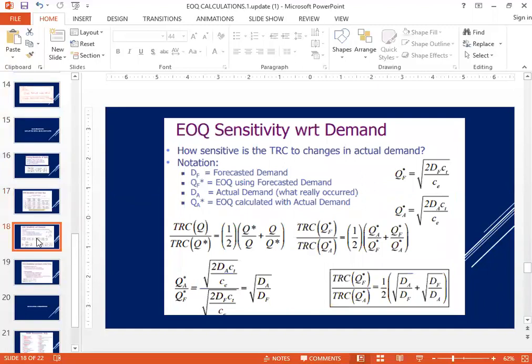Now, if you also want to figure out how sensitive the total relevant cost is to changes in demand, you can use this formula over here. If the demand is changing, what kind of impact is that having on the total relevant cost? You can plug it into this formula and find out.